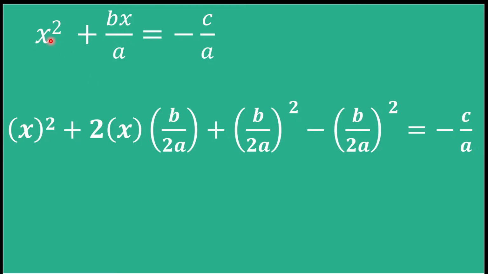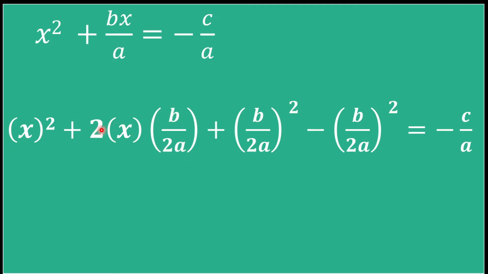And now we will make this x square plus bx divided by a a complete square. So for the complete square, we can write this as x square plus 2ab. Here a is equal to x, and b is equal to b divided by a. So therefore we have written b divided by a.